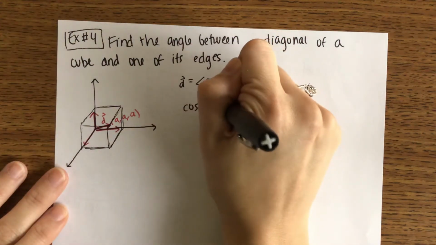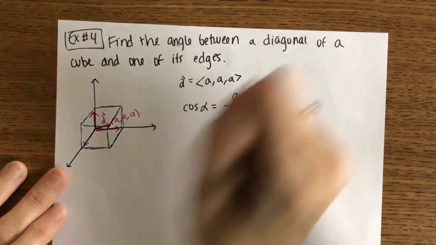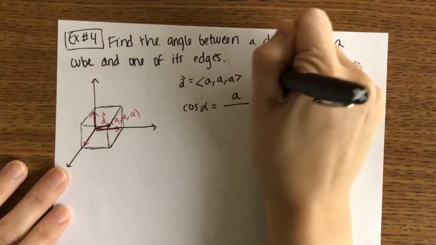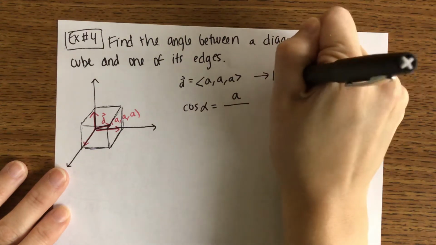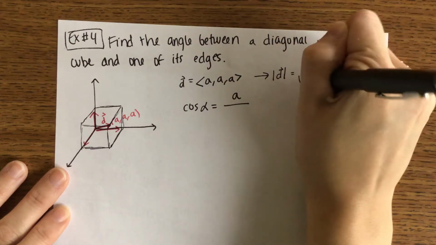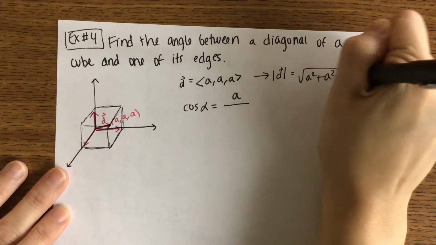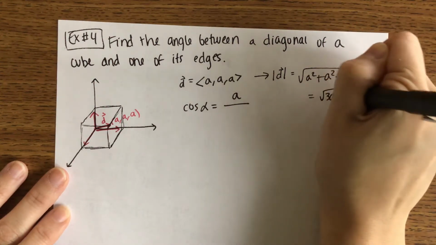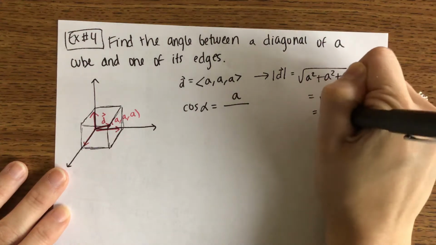Cosine of alpha is going to be the first component, which in this case is a, divided by the norm. So we are going to have to find the norm of this vector. It's going to be the square root of a squared plus a squared plus a squared, so the square root of 3a squared, so a root 3.